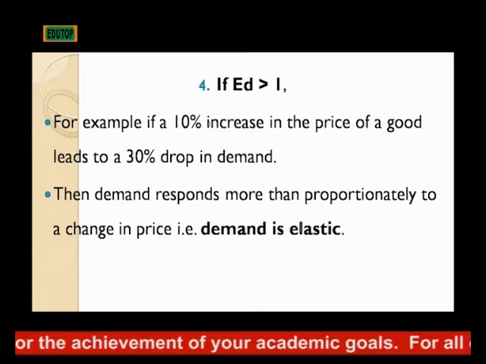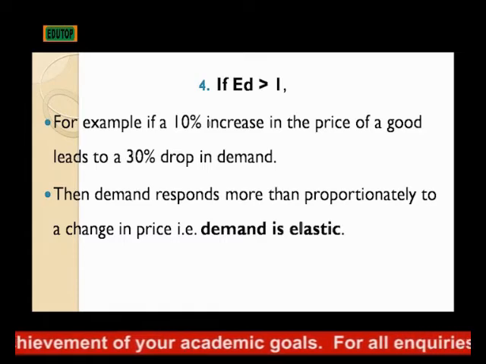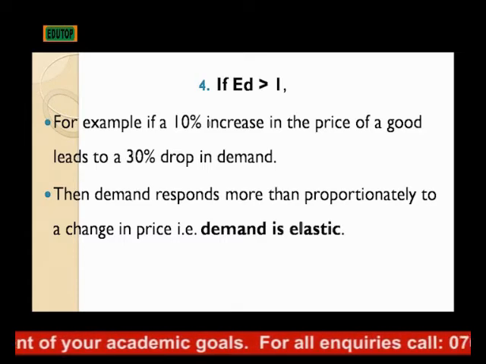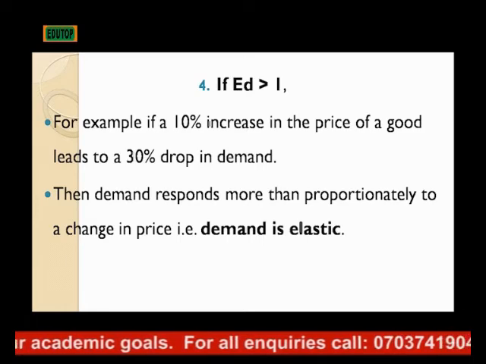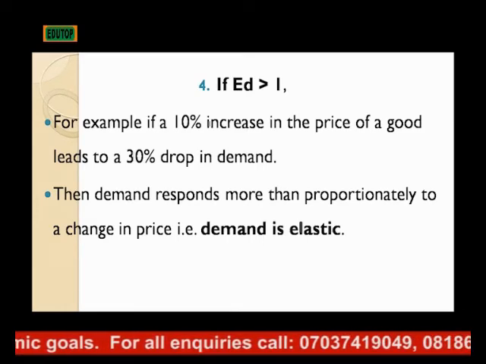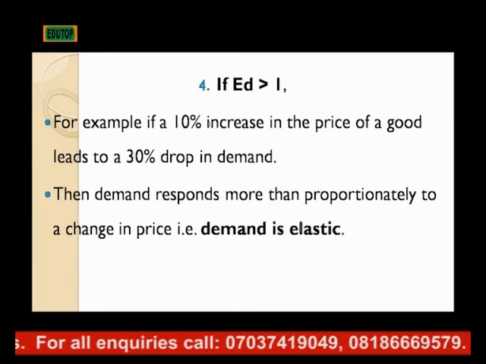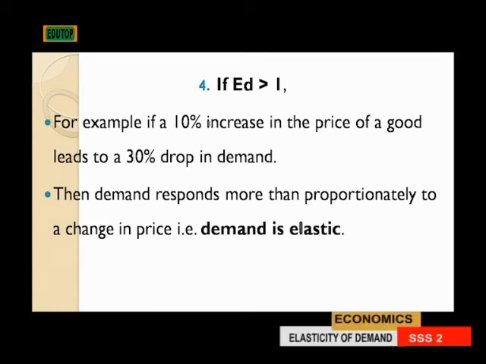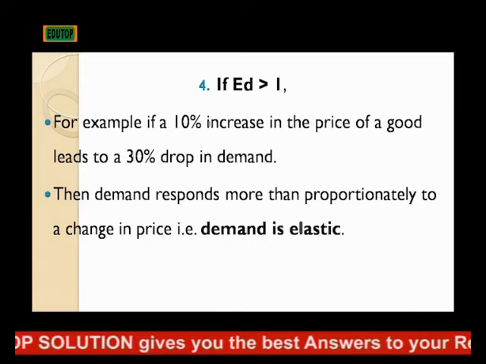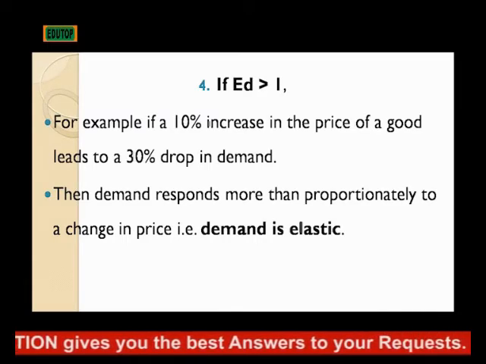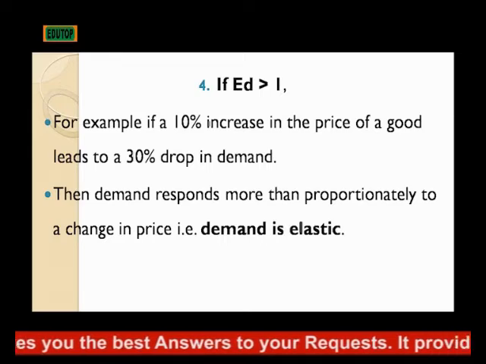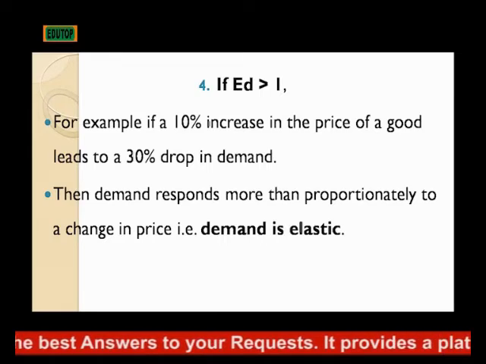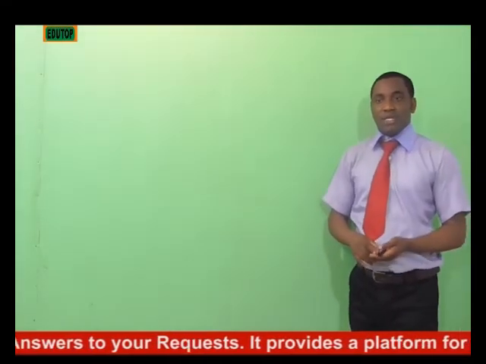In such a situation, we say the demand is elastic, because the change in quantity demanded is greater than the change in price, and that will make the elasticity of demand greater than 1. And those are the values that we can attach to the elasticity of demand, that is the coefficient of that elasticity of demand.